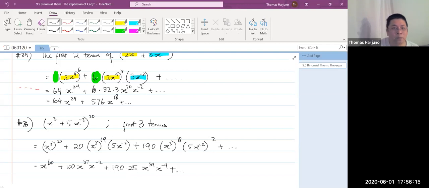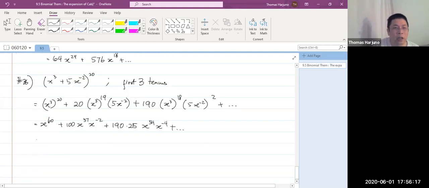One more step. The first term is already fixed, x to the 60. The second term, I just combine the x's. So 100x to the 53, plus 19 times 25, 475 with extra 0, x to the 50, and on.